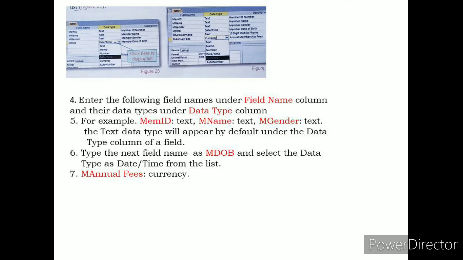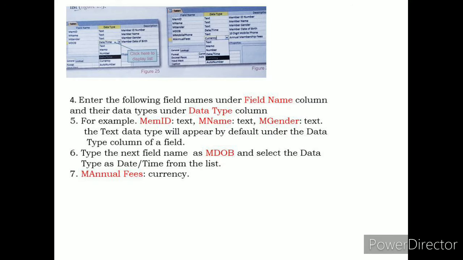In step 4, enter the following field names under the field name column and their data types under the data type column. For example, member ID is denoted as text, member name data type can be denoted as text, member gender, the text data type can be denoted. Actually, the text data type will appear by default under the data type column of a field.